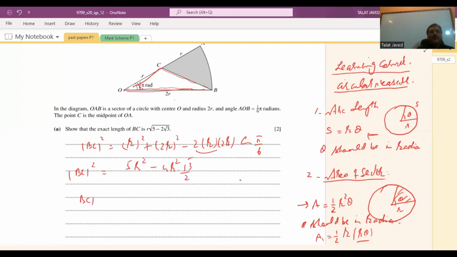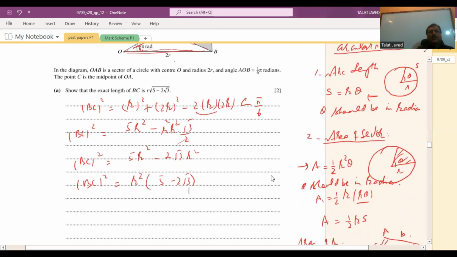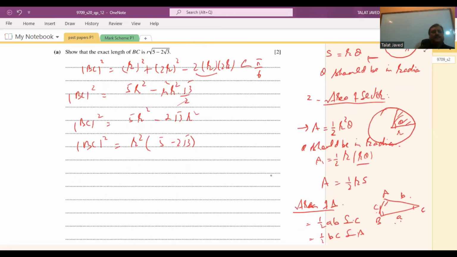So BC squared equal to 5r squared minus 2 root 3 r squared. Taking r squared as common, r squared into 5 minus 2 root 3. So BC will be equal to r root of 5 minus 2 root 3.